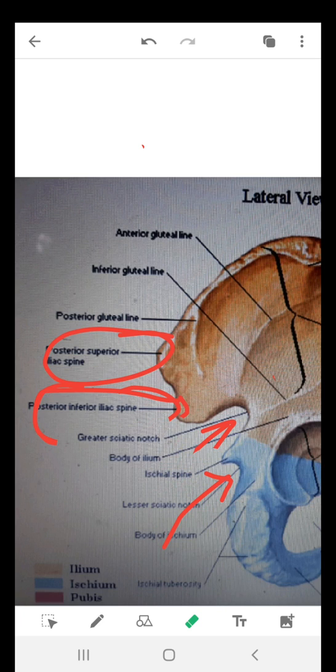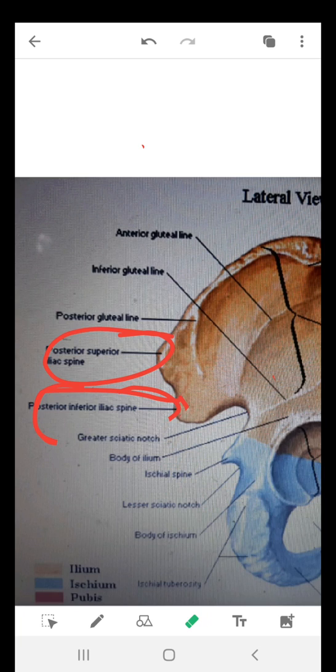Let's not talk about the ischial spine right now, because the ischial spine is actually part of another bone. Sorry for the distraction. So you see this greater sciatic notch and the lesser sciatic notch.